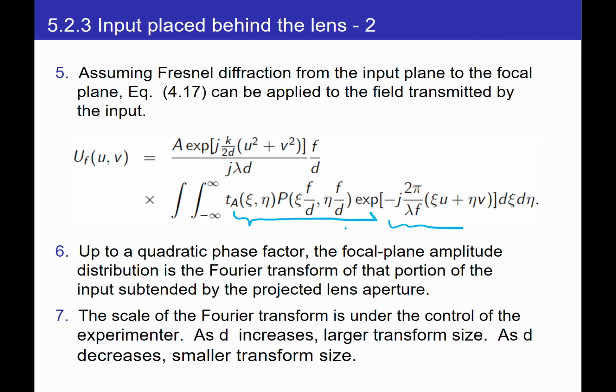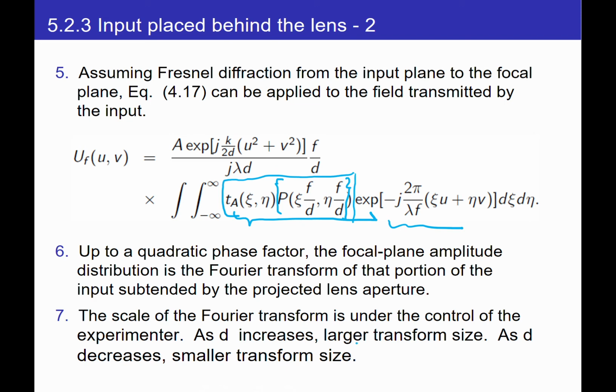So once again we get this, which is going to be Fourier transformed, so that we have a Fourier function times our transmittance. In comparison to the previous case, a certain factor is added for the Fourier transformation.